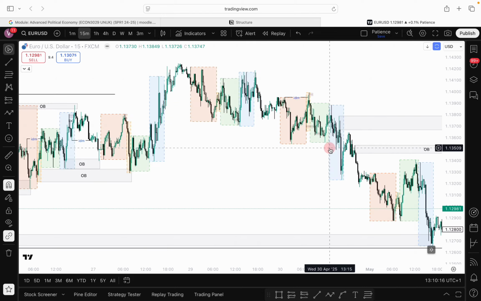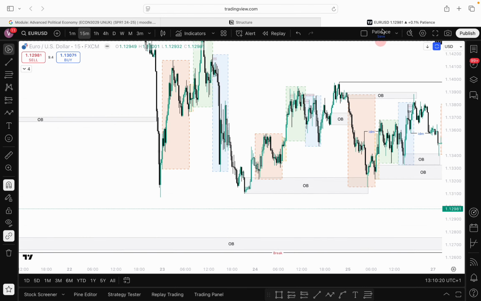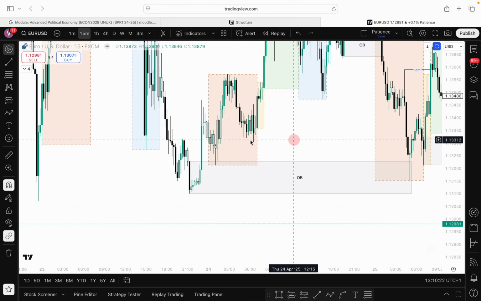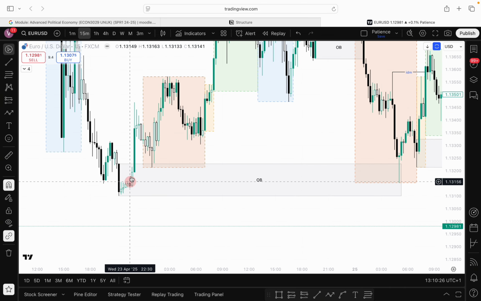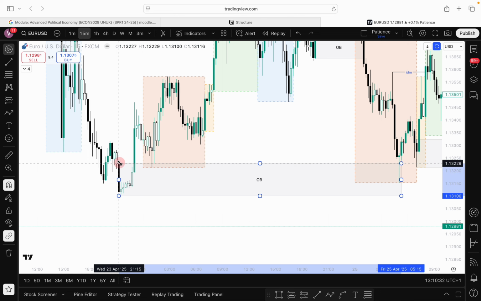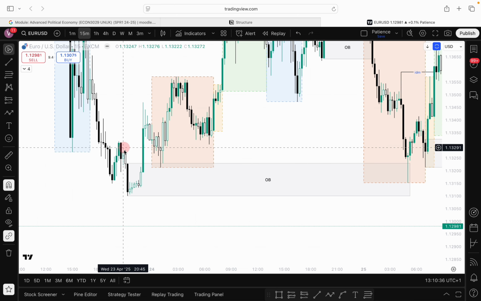Let me show you an example I've seen this week. We have a low that's been formed, and then we have inside candles after that. We do not pay attention to them at all. We only care about this candle because this has broken the high of this bearish candle, and now we mark this as an order block because there's an FVG between this candle and this candle.